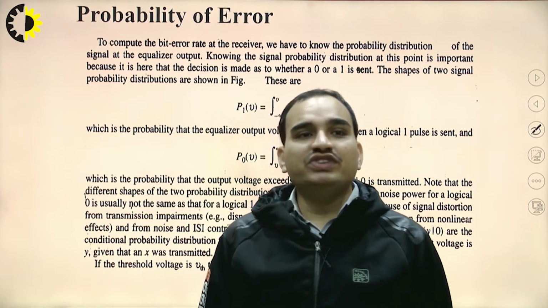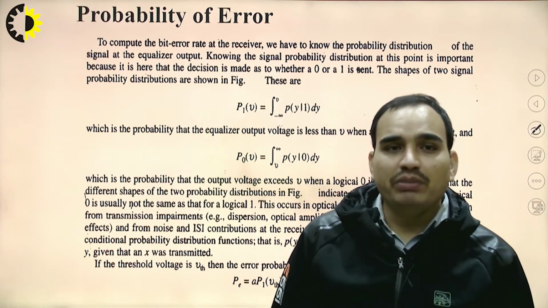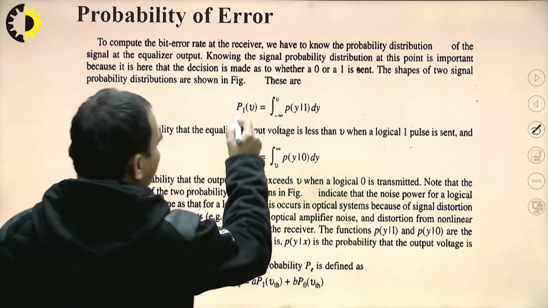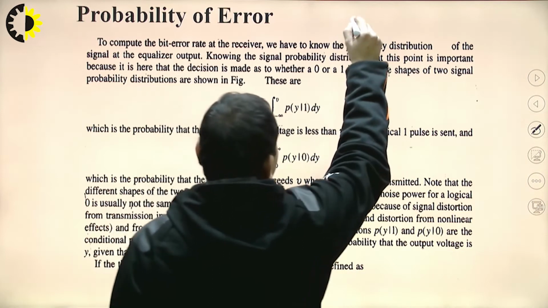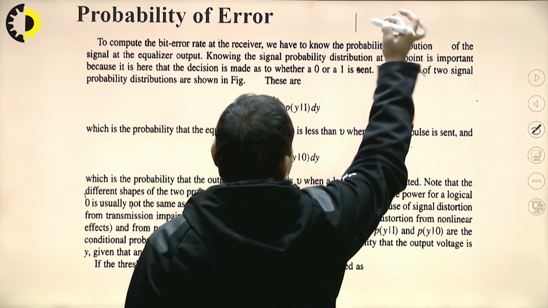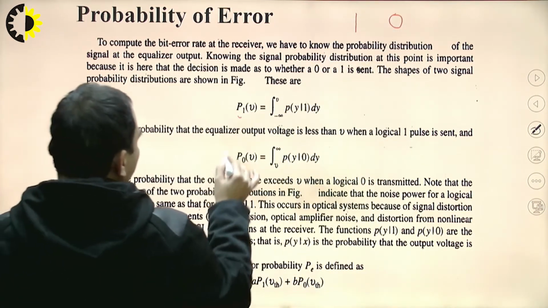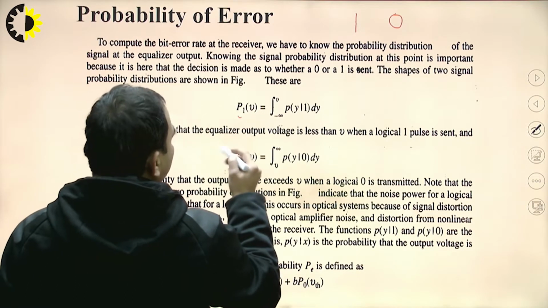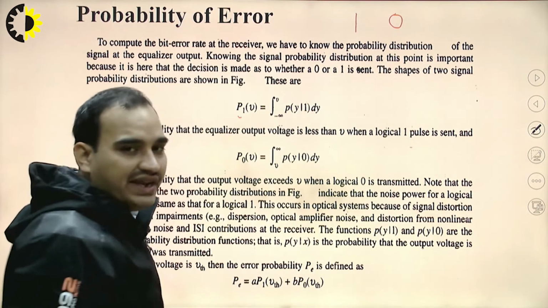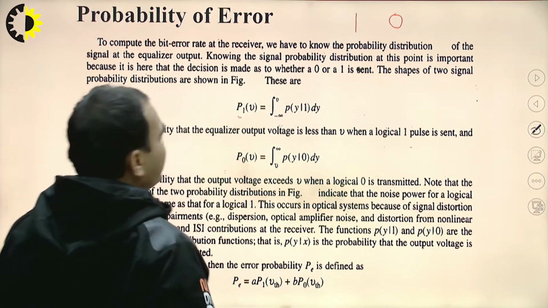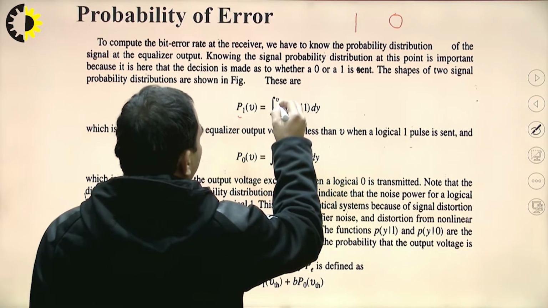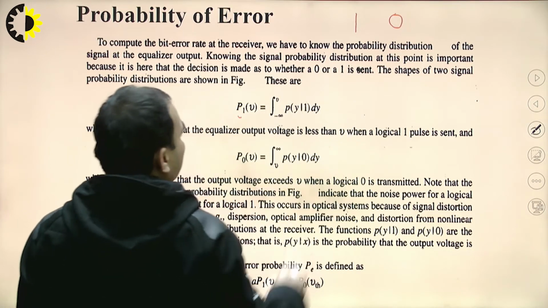The shape of these two signals has the probability distribution given by P. Because bits are represented in terms of 1 or 0, the probability distribution for 1 is given by P subscript 1 of V, where V is the voltage. We have to take the area under the curve, so we take the integration from minus infinity to V, where V is some threshold voltage.